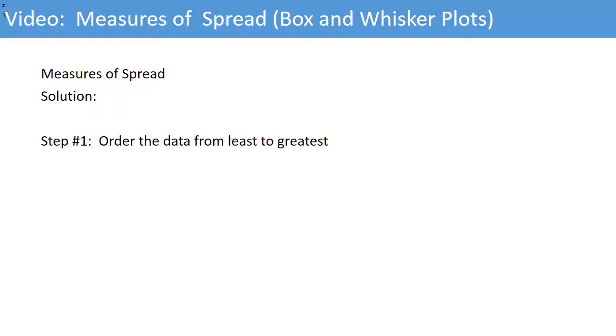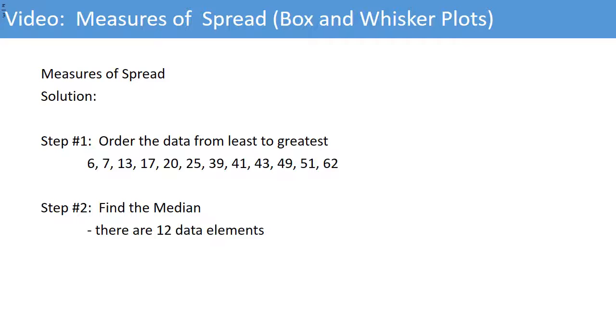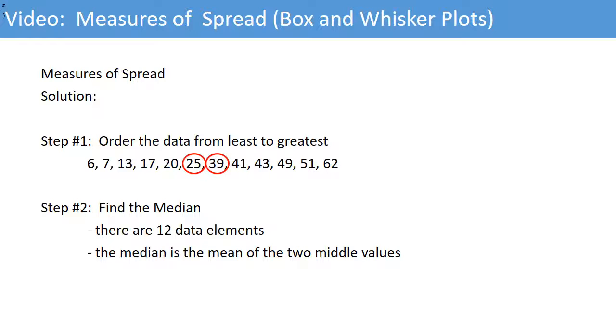Here is the solution. Order the data from least to greatest. Find the median. There are 12 data elements. The median is the mean of the 2 middle values, 25 and 39.